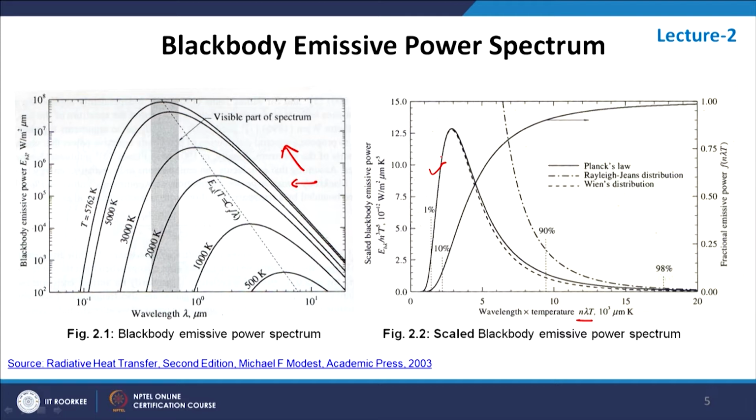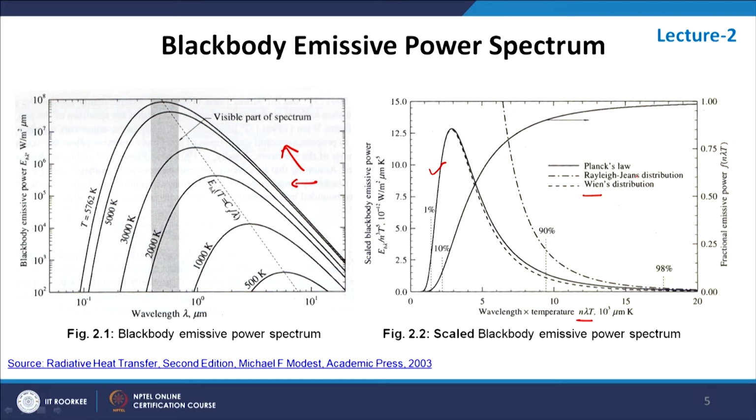On this curve I have also shown you some approximate relations. The black body emissive power was first given by Max Planck, but researchers had been trying to fit the solar spectrum even before Max Planck. So, there has been significant work by Wien and Rayleigh-Jeans. They tried to predict the spectrum versus wavelength, but the accuracy is very limited.